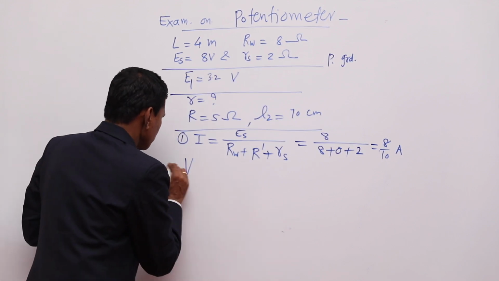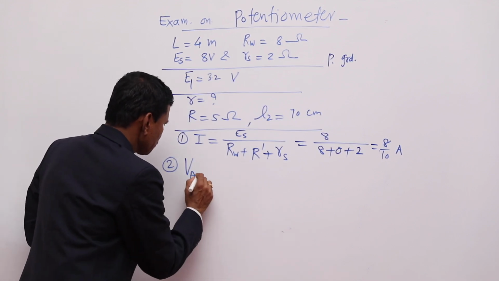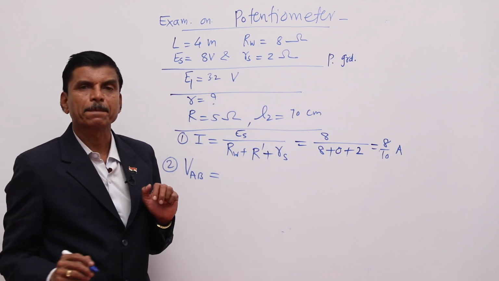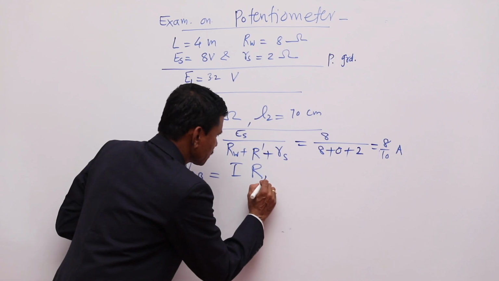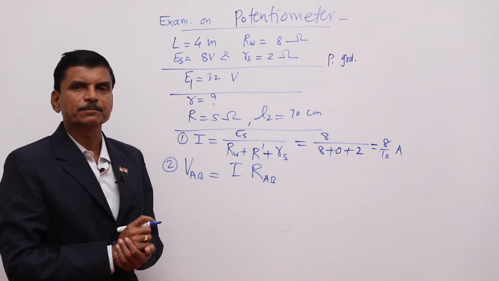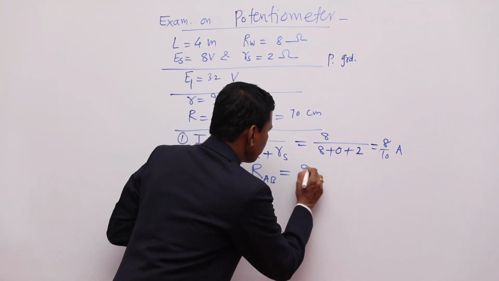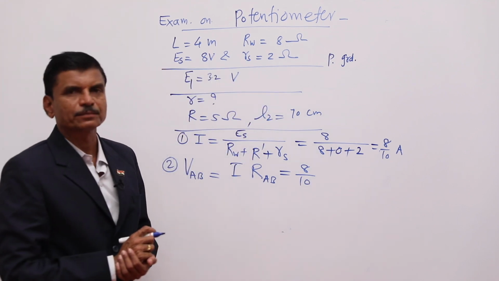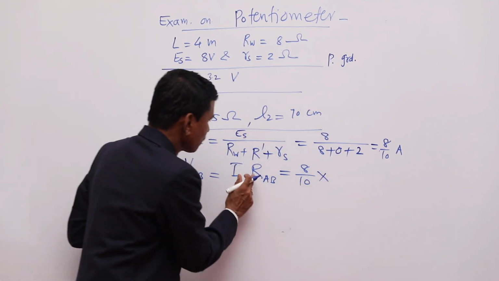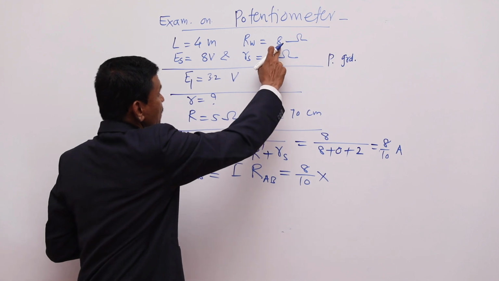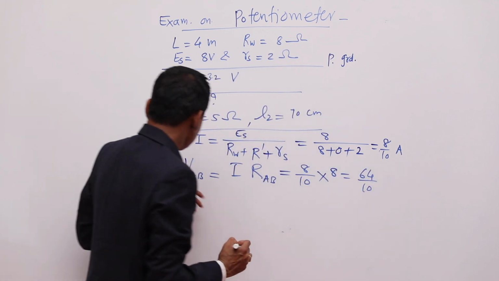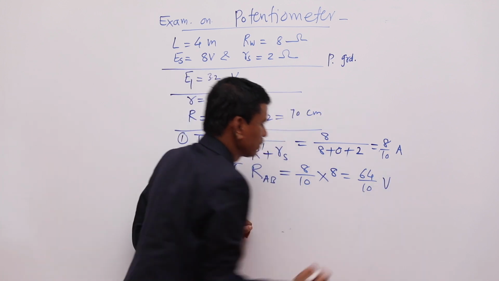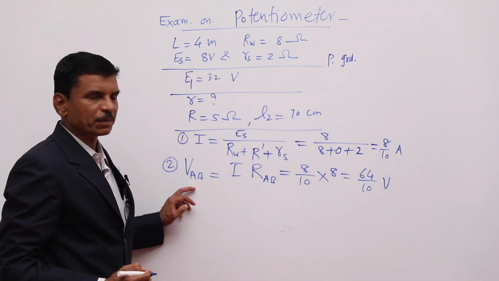Now second thing, potential difference between point A and B. Important formula, current into resistance. Resistance should be taken from A to B. Current, what is the current value? 8 upon 10. And what is the resistance from A to B? Full wire resistance 8. So 64 upon 10, that is the volt. Potential difference.